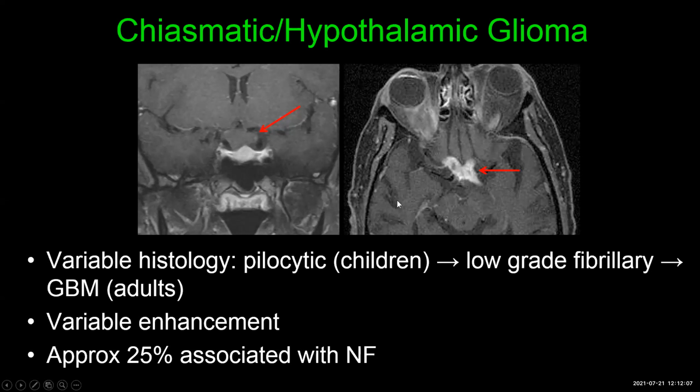In adults, they tend to be very aggressive variants, essentially like glioblastoma multiforme. So this is an adult with an enhancing glioblastoma multiforme of the optic chiasm. This child has a non-enhancing optic glioma, which was a pilocytic or benign variant, and these can be associated with neurofibromatosis.